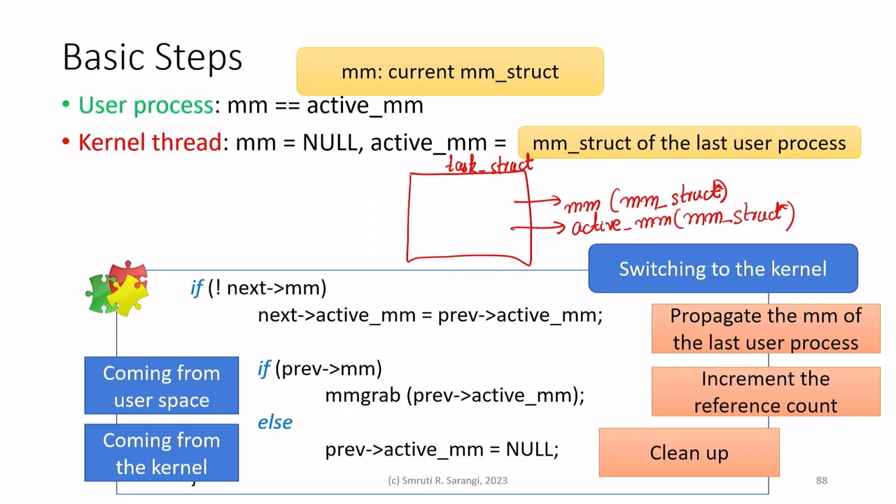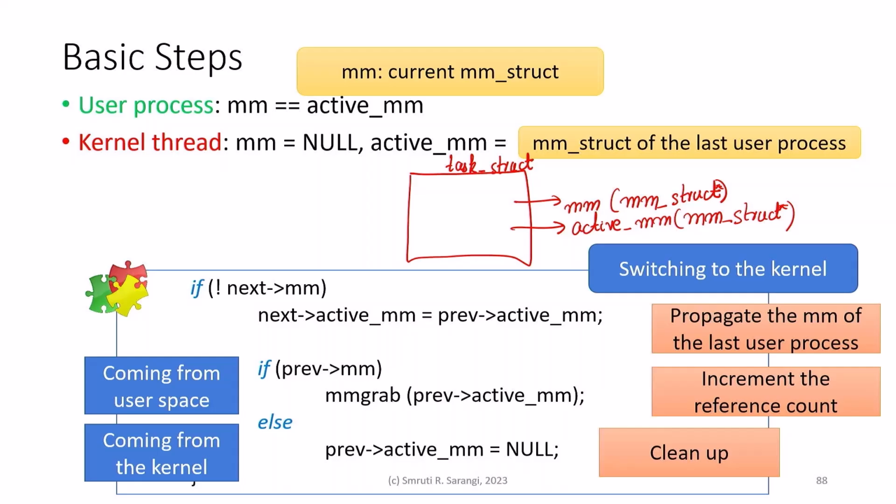In the kernel code, you want to minimize replication, you want to maximize efficiency. Hence, we always deal in terms of pointers. All right. So in this case, when I say mm_struct, it is a pointer to an mm_struct, and in the user process, mm and active_mm are identical.